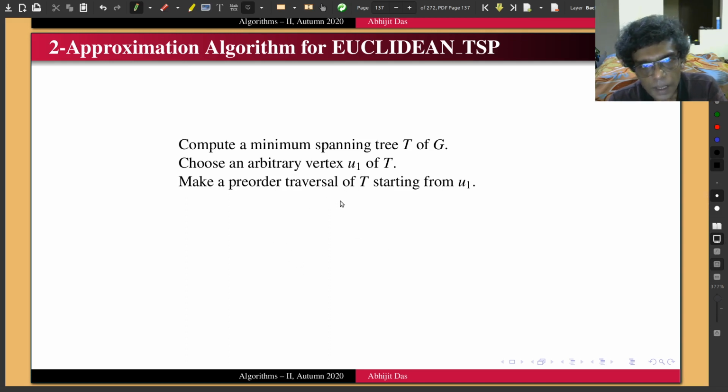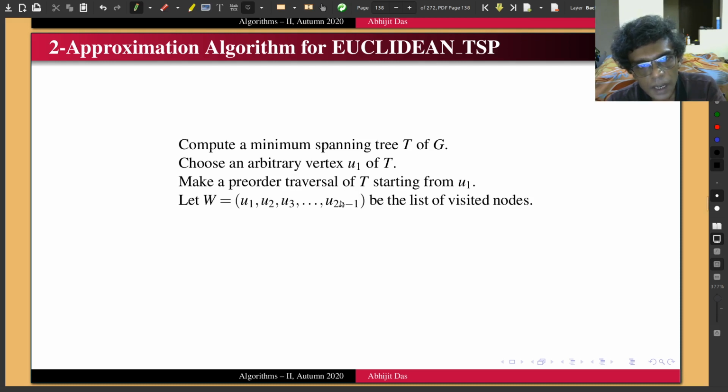And in the process, you have visited several cities, all the cities actually, and let this be the sequence in which the cities are visited, starting from U1, go to U2, then go to U3, and maybe again come back at U2. So you write U2 here. That's why the number is 2n-1 rather than n-1.